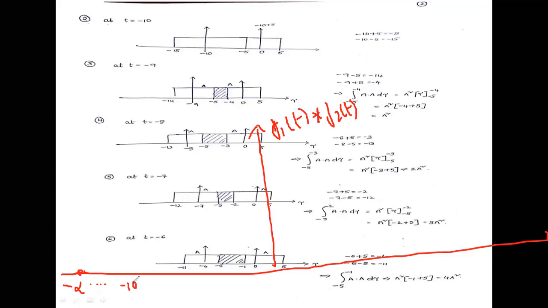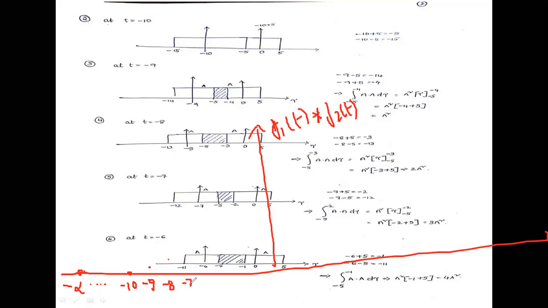What is the minus 10 value? Again, that is also 0. All the values are 0. And minus 9 is a square. The value is a square. And minus 8, 2 into a square. Okay, 2 into a square.